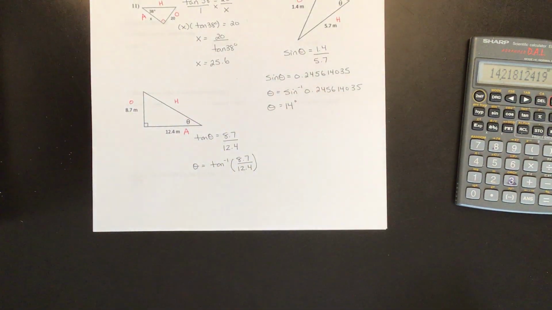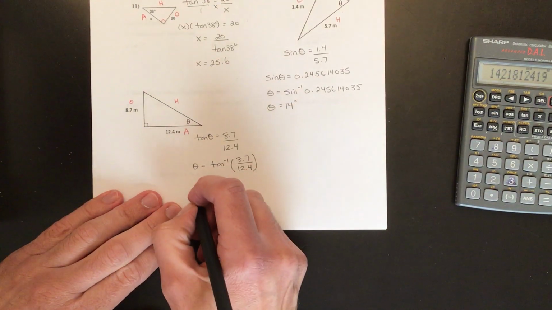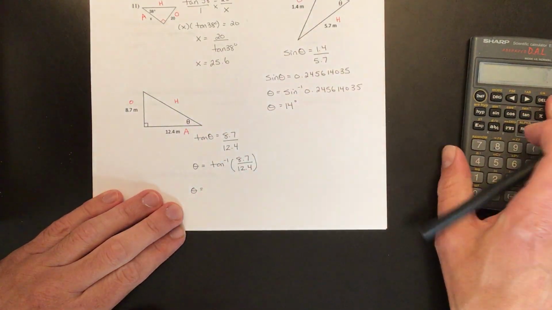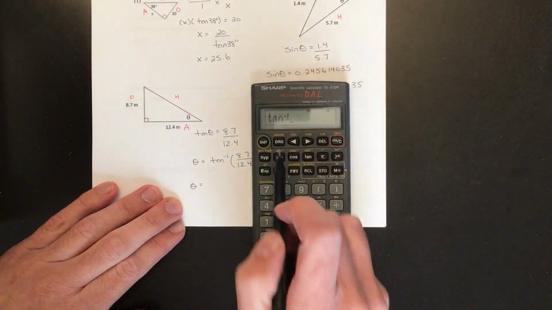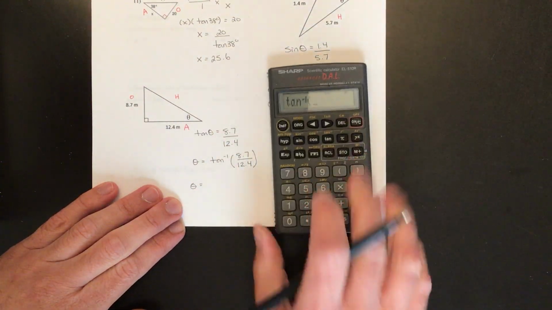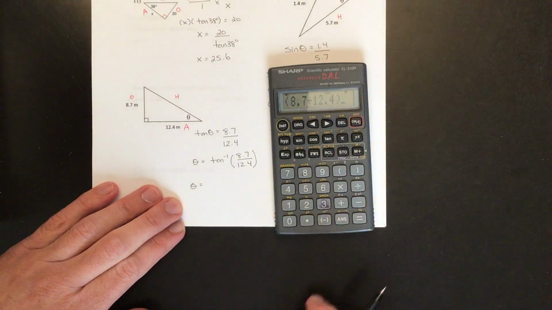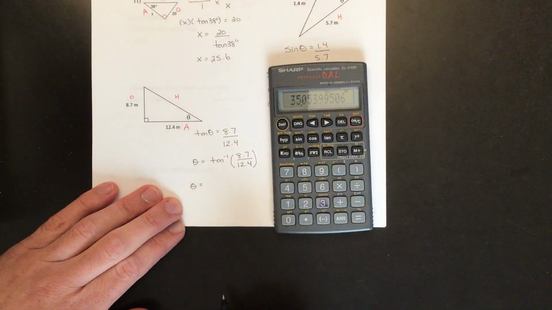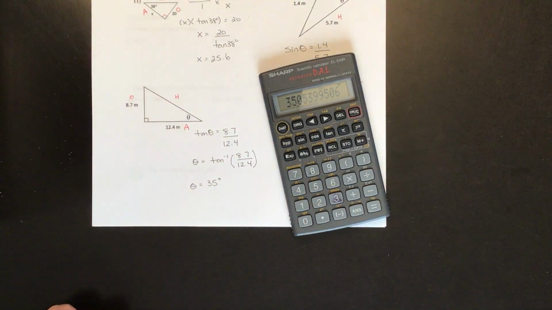And we can do all of this in one step. There's no writing out of decimals. There's no showing work. It's just from here to our answer. So to get to our answer, I'm going to do tan inverse, bracket, 8.7 divided by 12.4 equals 35 degrees.